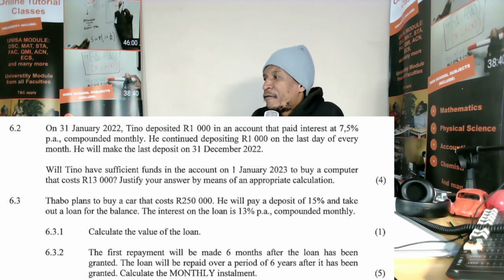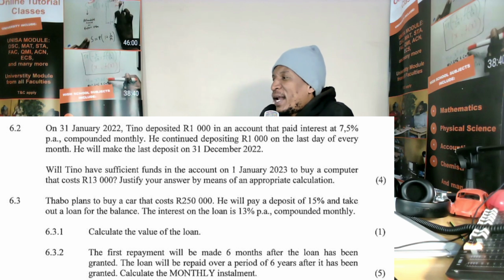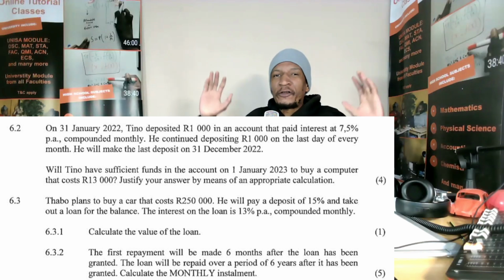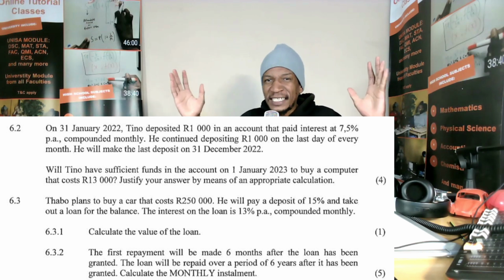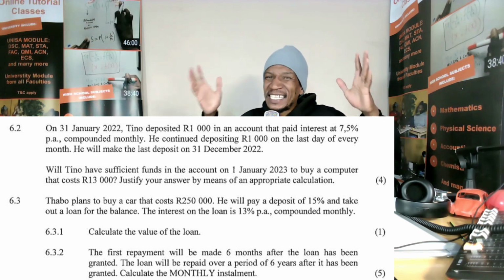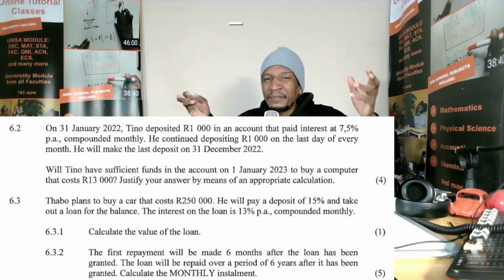And for 6.3, the question reads, Thabo plans to buy a car that costs 250,000. He will pay a deposit of 15% and take out a loan for the balance. So from that 250,000 that Thabo needs for the car, he doesn't have the 250,000.